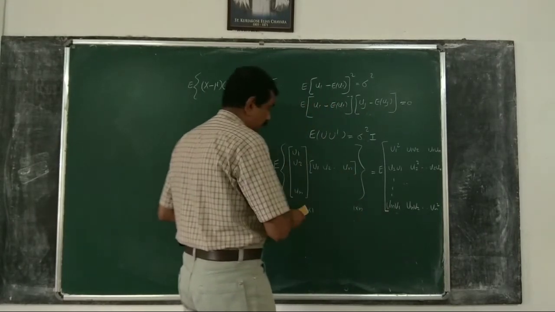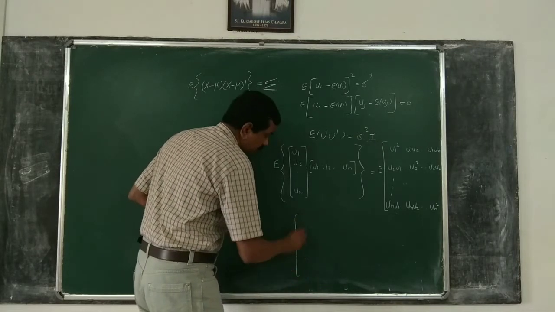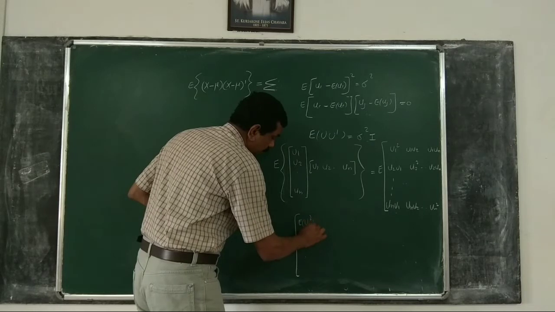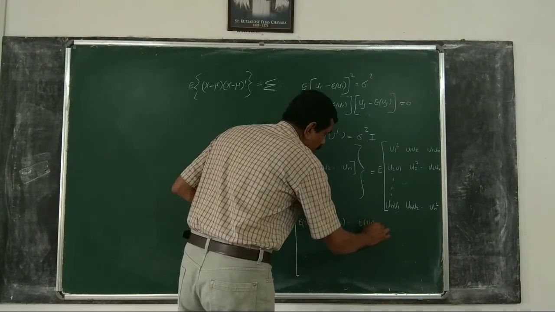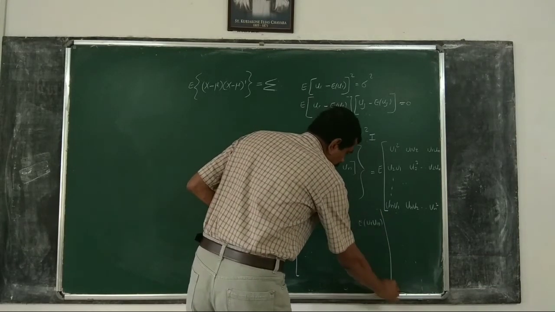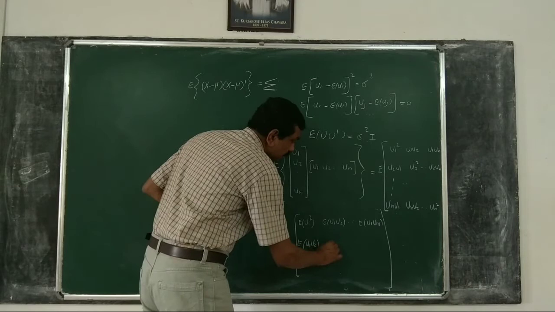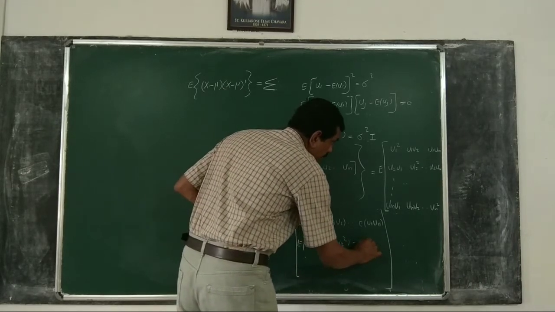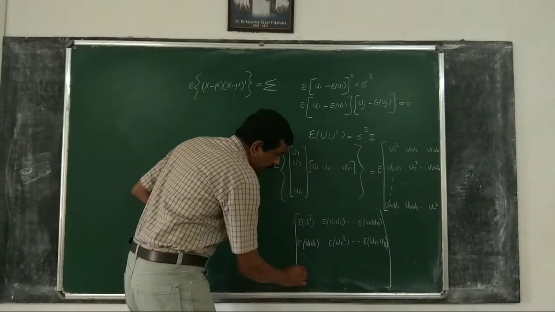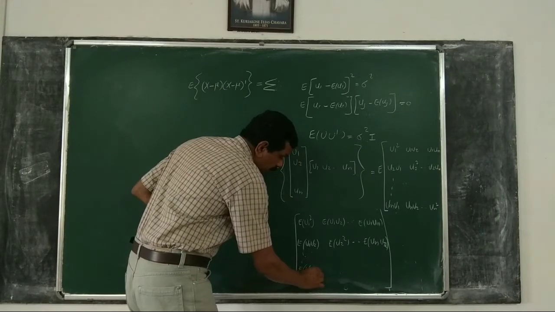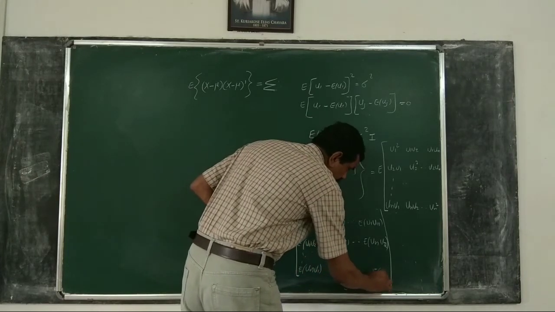Taking expectations inside, you will get expected u1 square, expected u1 u2, ..., expected u1 un; then expected u2 u1, expected u2 square, ..., expected u2 un; similarly, expected un u1, expected un u2, ..., expected un square.